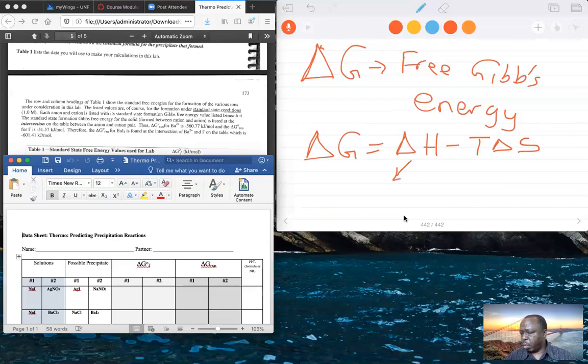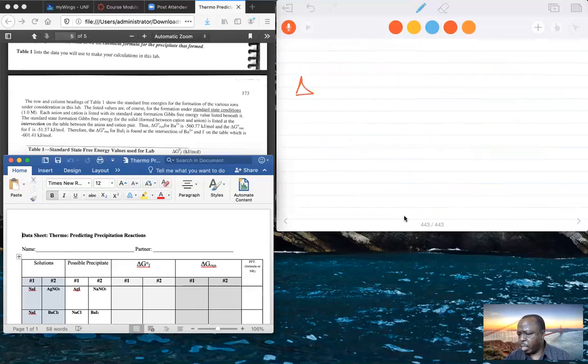This is called enthalpy, the enthalpy of reaction, or just the heat of reaction, and it is given in kilojoules per mole. This is called entropy, or change in entropy, and it stands for the dispersion of energy.